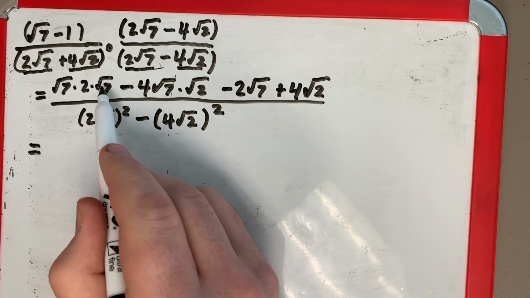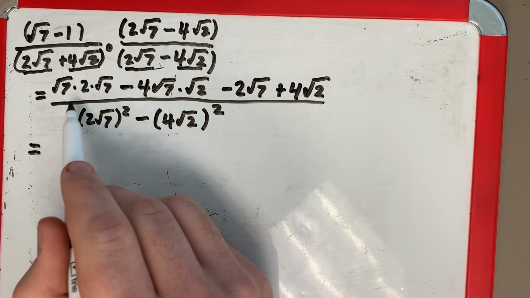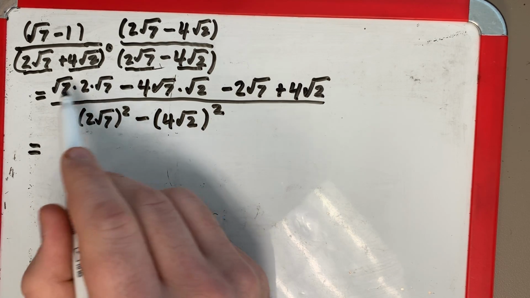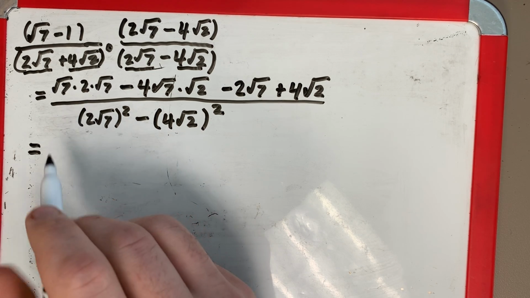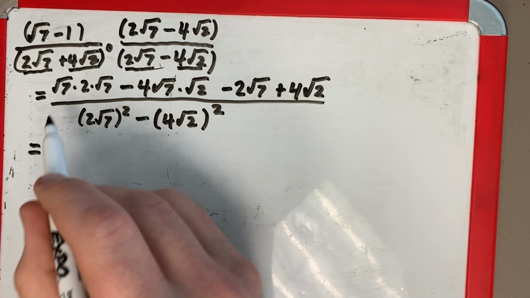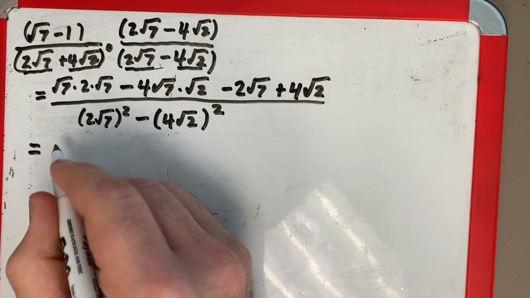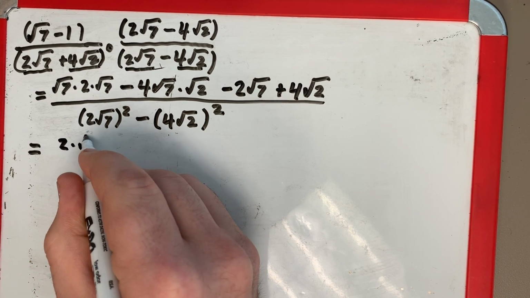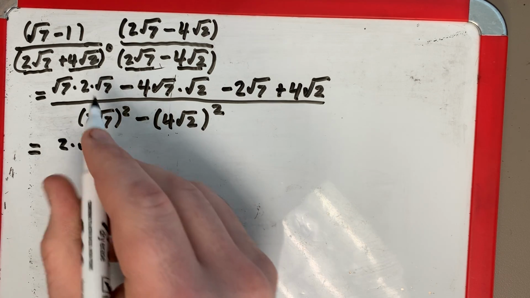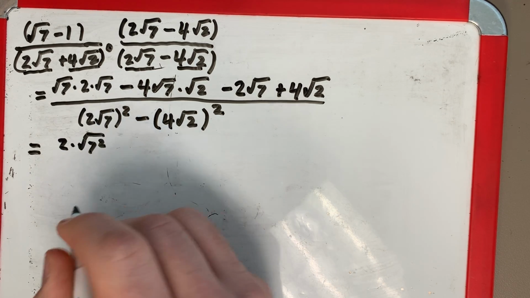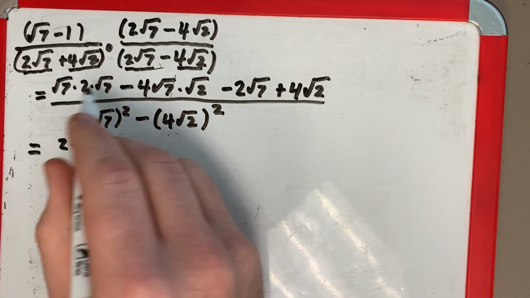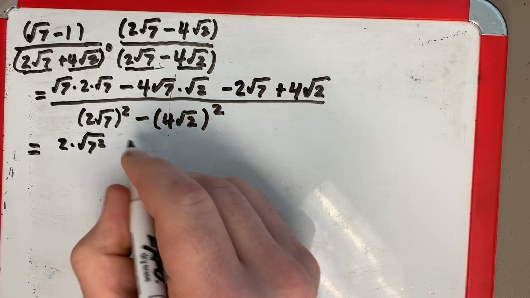All right, so here we have all these things being multiplied together in this first term. I have 2 radicals being multiplied together, so I can combine them under the same radical. So I have 7 squared inside just one radical, and I have a 2 floating out in front. So I have 2 times root 7 squared. All I did was combine these 2 radicals into 1. Okay, and you multiply the contents of the insides.